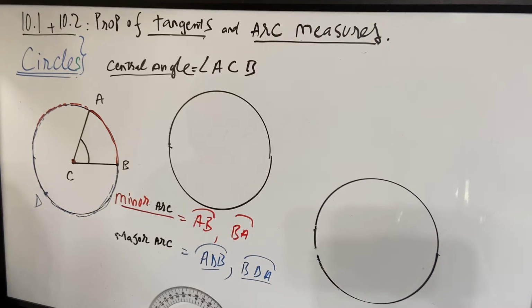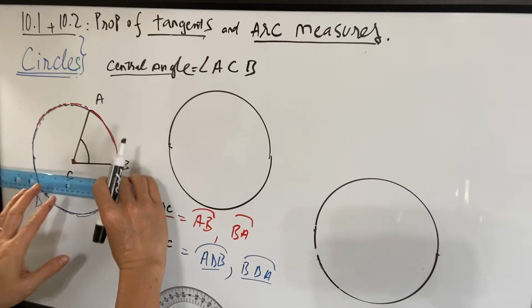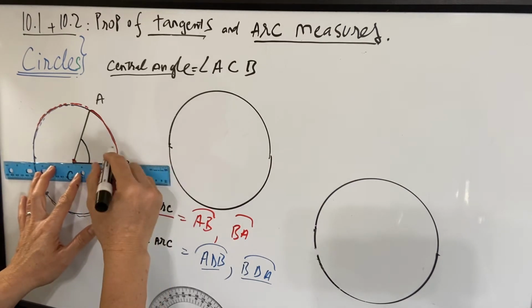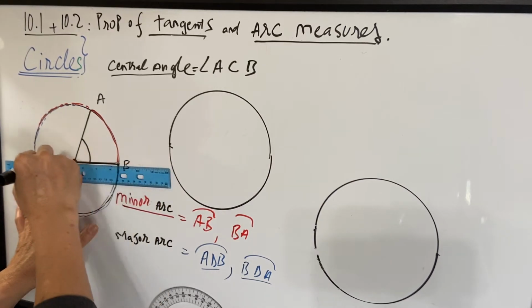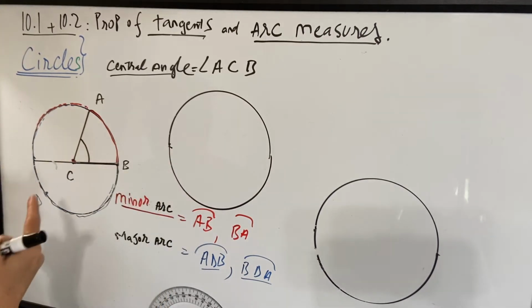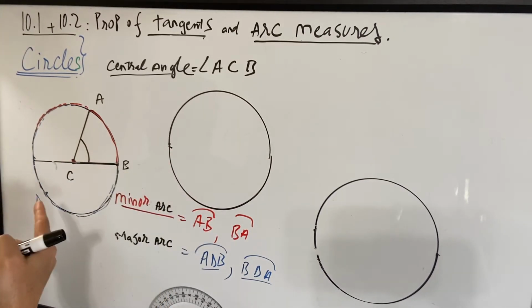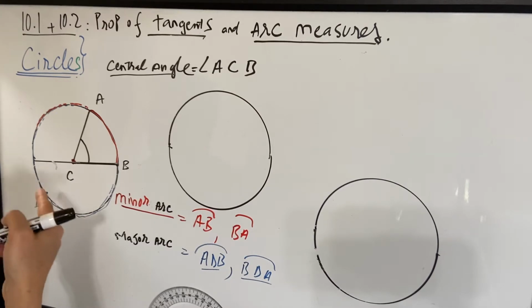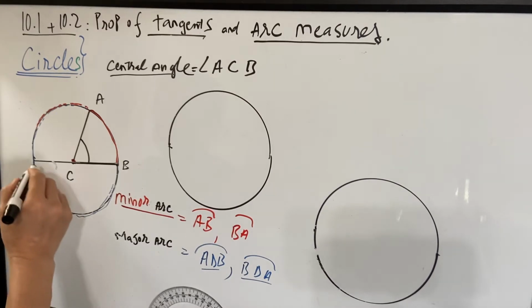All right. There is another concept that you will see. That is a semicircle. What is that? A semicircle is an arc with endpoints that are the endpoints of a diameter. You know that a semicircle is half of a circle, and the geometric definition of a semicircle is an arc with endpoints that are the endpoints of the diameter.